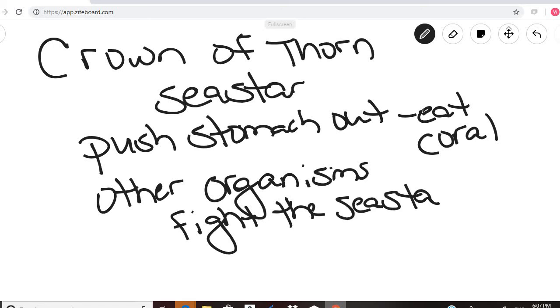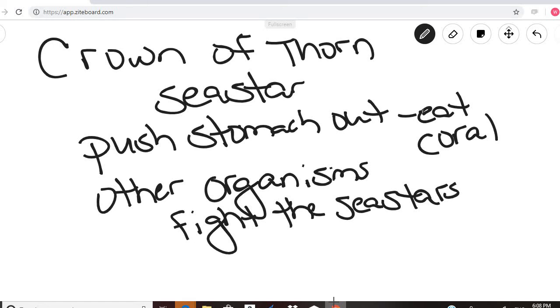So the sea stars will be eating the coral, but these other organisms, as the sea stars are crawling along the coral, will fight them, and they'll actually bite or pinch their tube feet. Then the crown of thorns sea stars will leave.